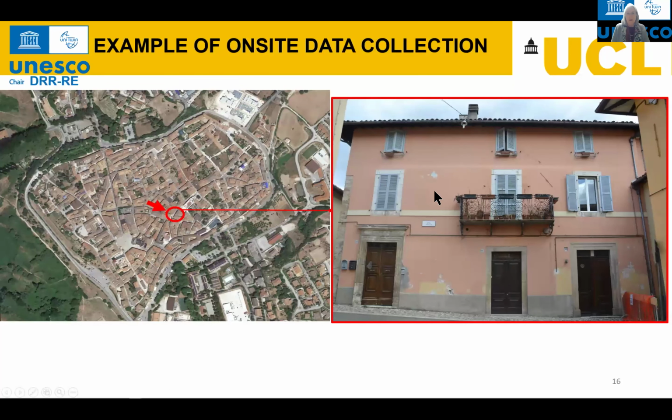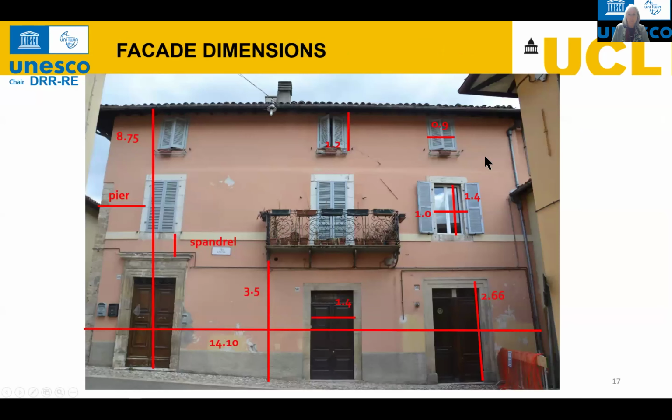So if we take, for instance, this particular sample in the city of Norcia, we can then see that we can start collecting the geometric data of the facade dimensions from the total length to the total height, which I previously mentioned. Very often buildings have a different height of first floor with respect to the other floors.